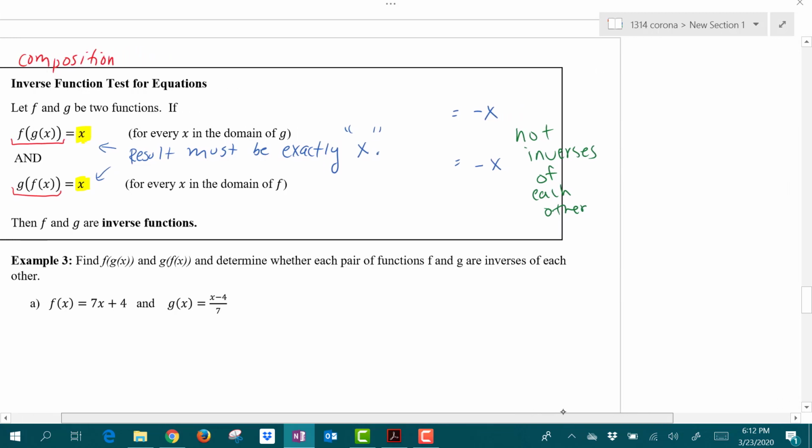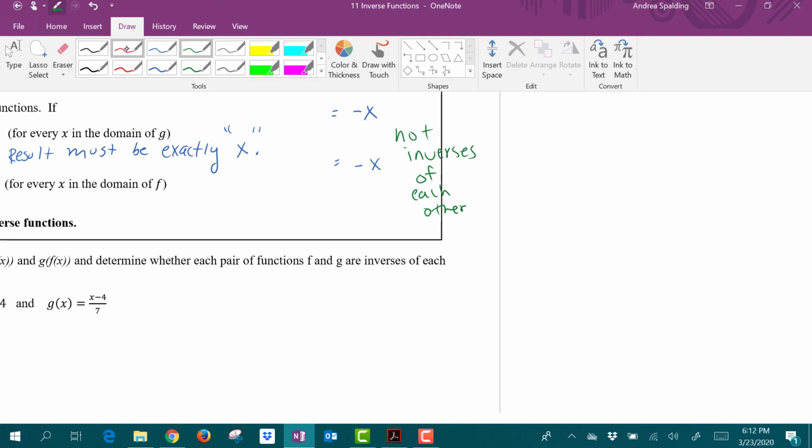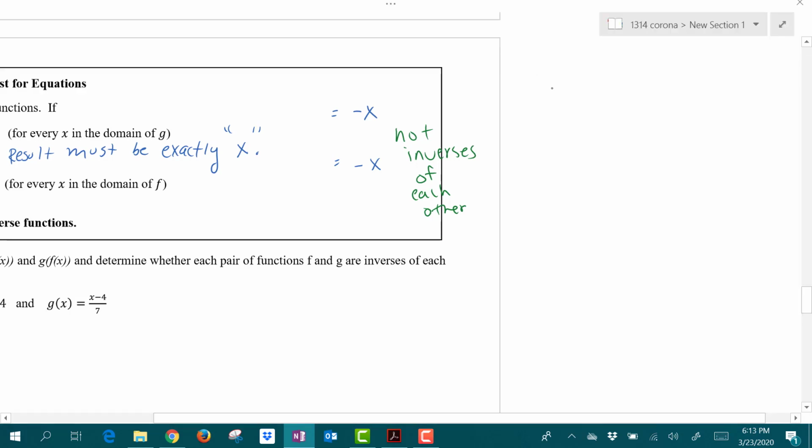Let's talk really quick about why it makes sense that the inverse function test would give us exactly x. One thing we want to reiterate here is that functions that are inverses are the opposites of each other. So let's say, for example, we're going to create a machine.